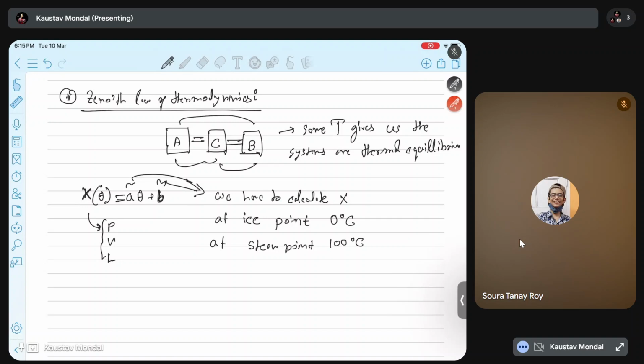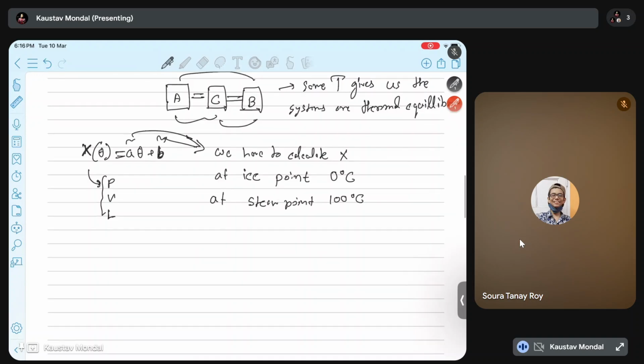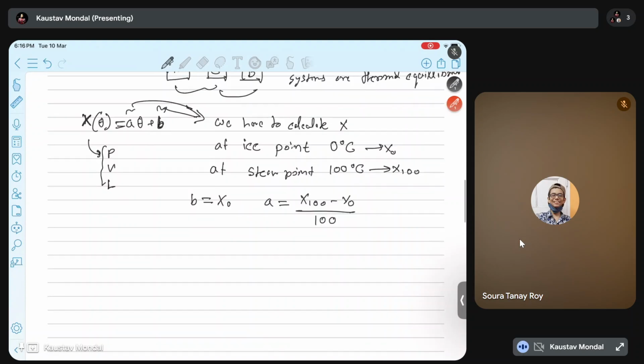So from solving these two equations, we'll get the values of the parameters a and b, right? Let's denote x at 0 degree as x0 and x at 100 degree as x100. Now we can write a as x0 and b as x100 minus x0 by 100. By solving this equation, basically we'll get this.